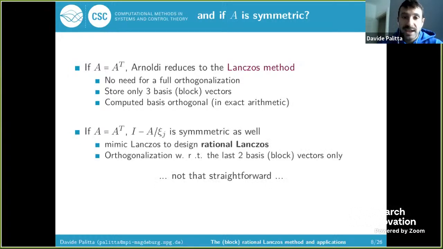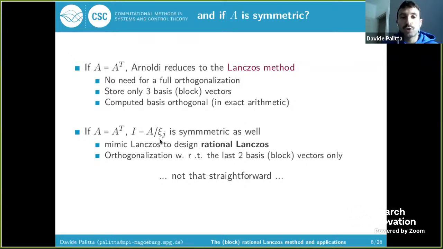So one may think that, since we can see rational Arnoldi as a generalization of polynomial Arnoldi, maybe rational Lanczos is again a generalization of polynomial Lanczos. When A is symmetric, any shifted version of A is still symmetric.